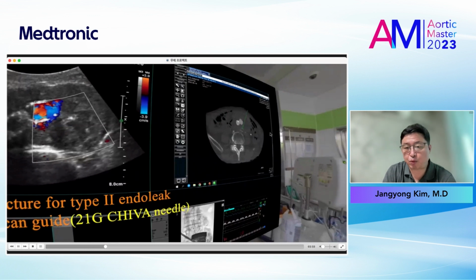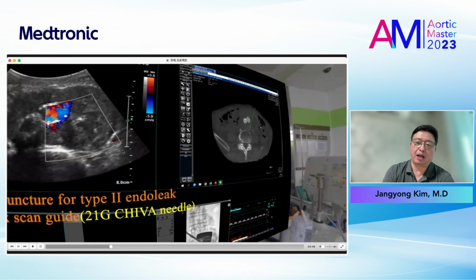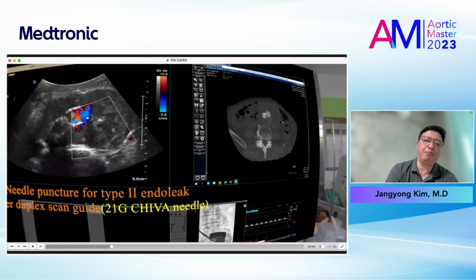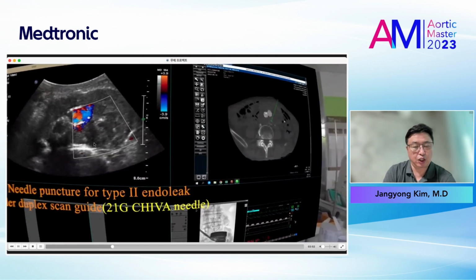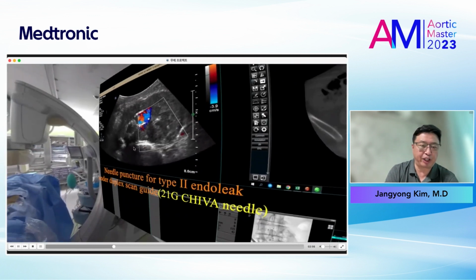So we thought about CT-guided puncture to find the lesion. After that, we did the cone beam CT to localize the patent type 2 endoleak lesion.